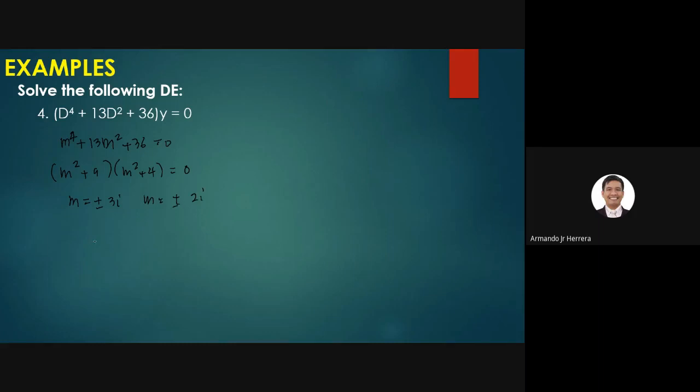So of course, meron tayong dalawang a plus or minus bi, where a here is 0 and b here is 3. A here is 0, b here is 2. So your general solution y is equal to c1 kasi wala naman tayong, sige lagyan natin, e to the 0x, c1 cosine 3x para dito plus c2 sine 3x plus e to the 0x para naman dun sa pangalawa, c3 cosine 2x plus c4 sine 2x.